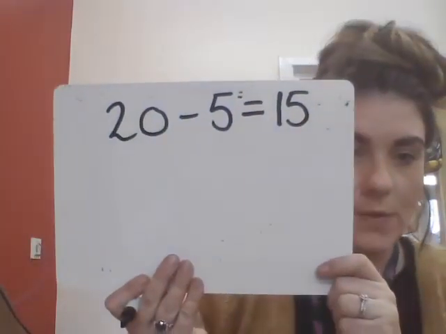So I'm going to put 20 in my head. 20. I'm going to get 5 fingers and I'm going to count forward. No, counting back, aren't I? Because we're subtracting. So 20, 19, 18, 17, 16, 15. So I think the answer is 15. But I'm going to check my answer using addition.